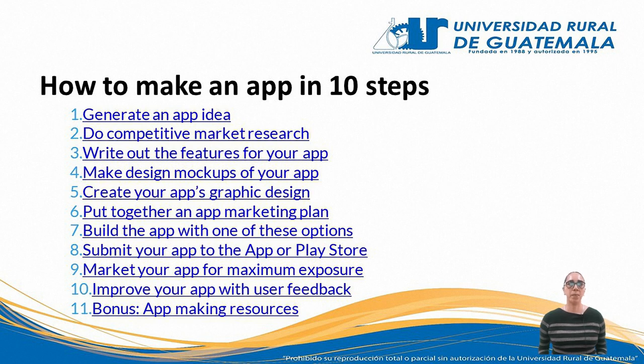Number 4, make designs, mock-ups of your app. 5, create your app's graphic design. 6, put together an app marketing plan. 7, build the app with one of these options. 8, submit your app to the App or Play Store. 9, market your app for maximum exposure. 10, improve your app with user feedback. And 11, we're also going to have a bonus, app marketing resources. So if you see here, these are the 10 steps that we need to know.